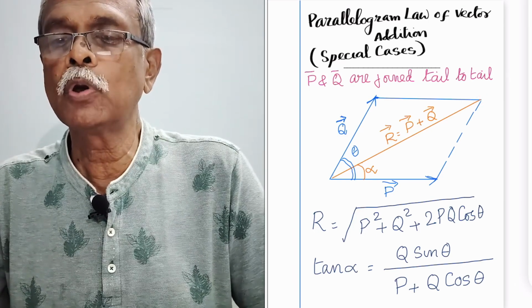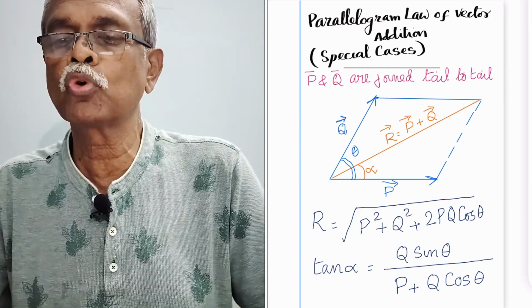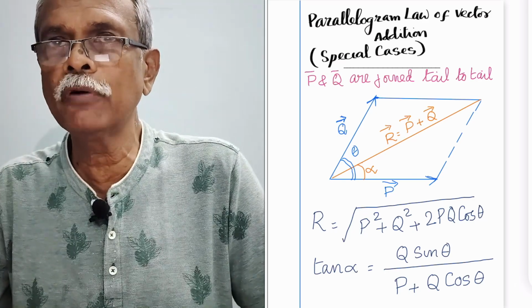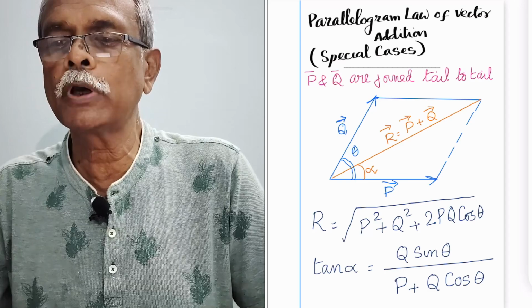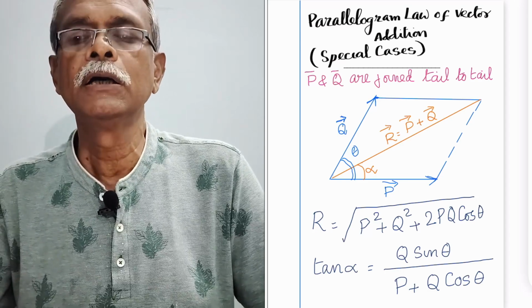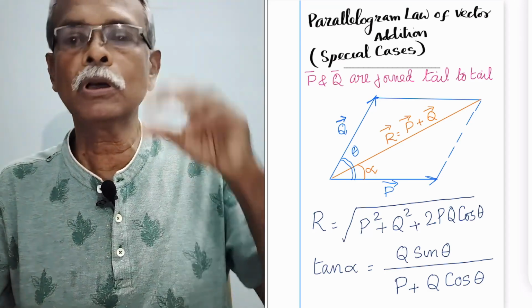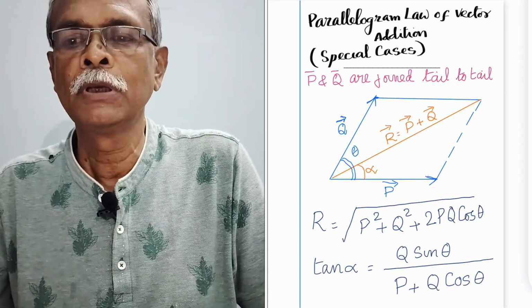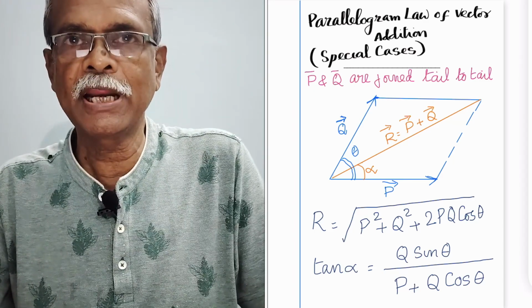And R is equal to root of P square plus Q square plus 2PQ cos theta. This is the formula for the magnitude of the resultant.